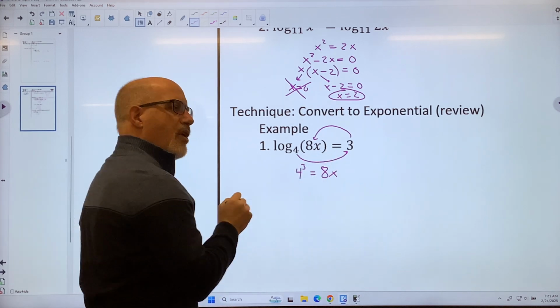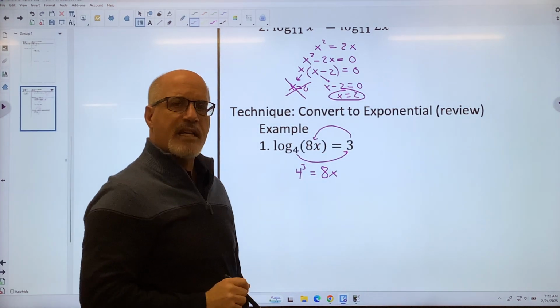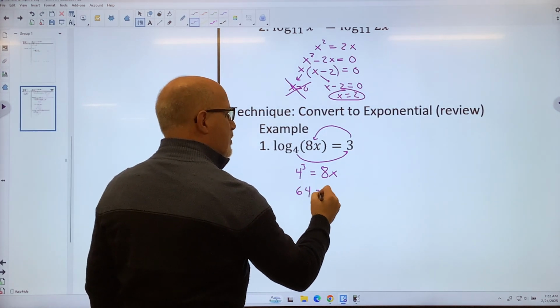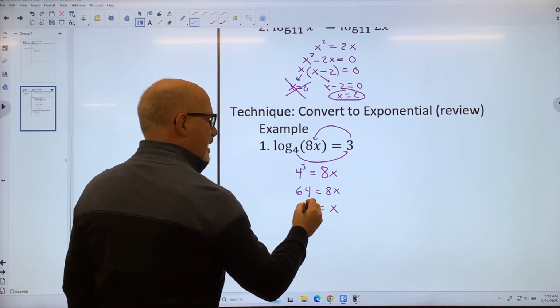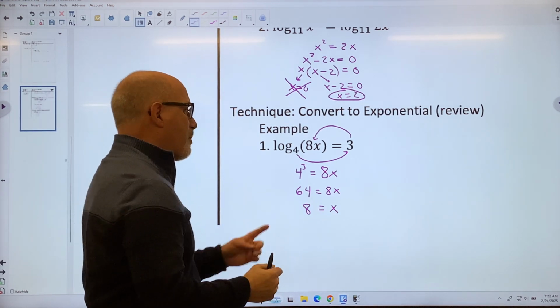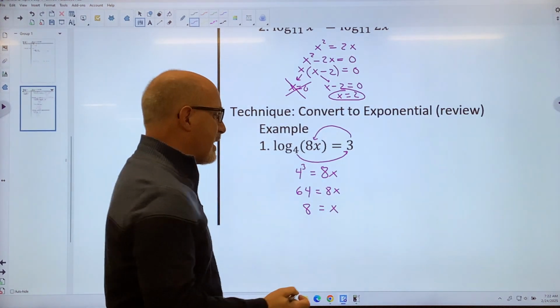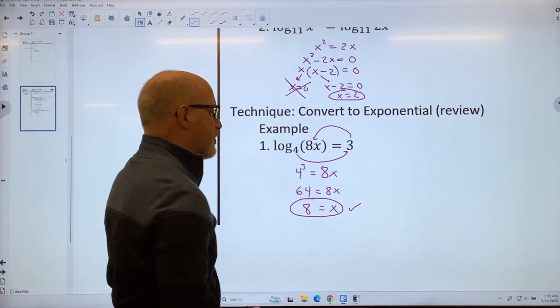The answer to a log is the exponent. So base to the exponent equals the inside part. The 4 to the 3rd is equal to 64 equals 8x. Divide both sides by 8 and you get 8 for an answer. We go back and check. If you put that in, you're not taking the log of 0 or a negative, so it does check. So we get our answer of x equals 8.